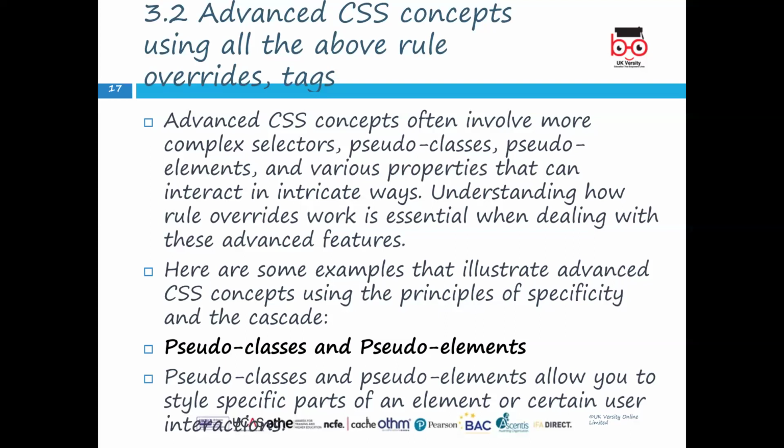Now we have advanced CSS concepts, where by advanced we simply mean we are going to use more complex selectors, more complex pseudocode and pseudo elements. We're now progressing from a basic understanding of CSS to a more advanced use of them.